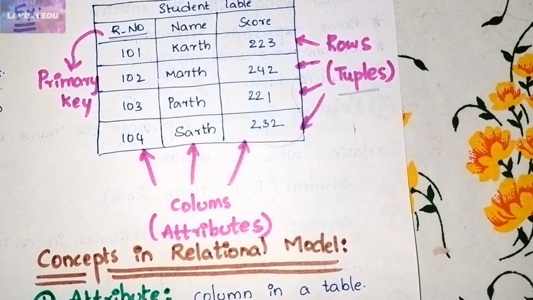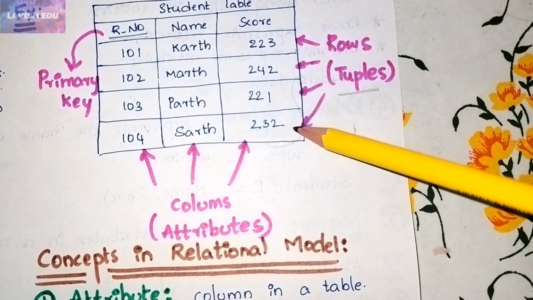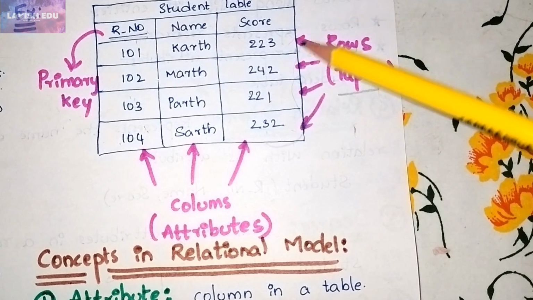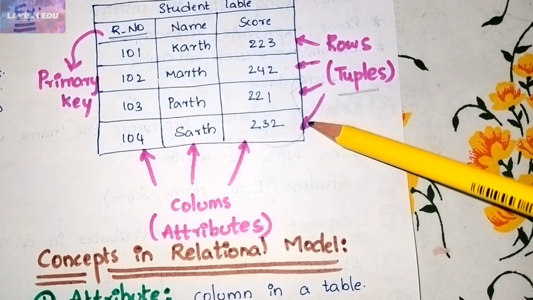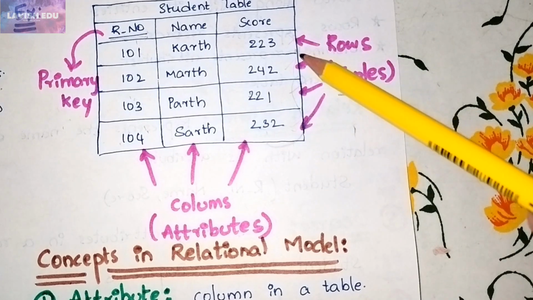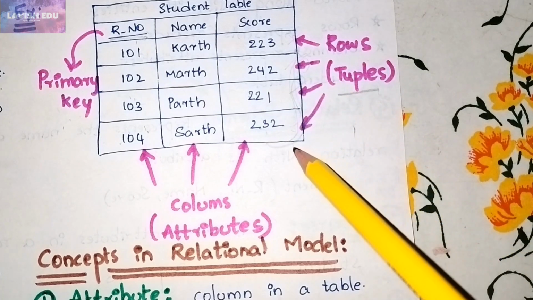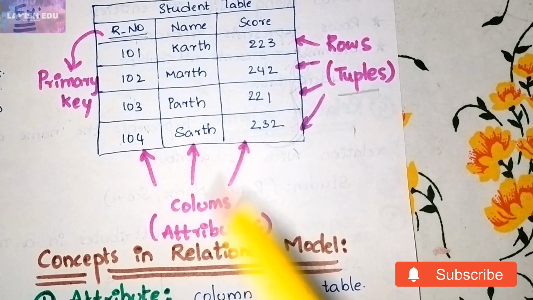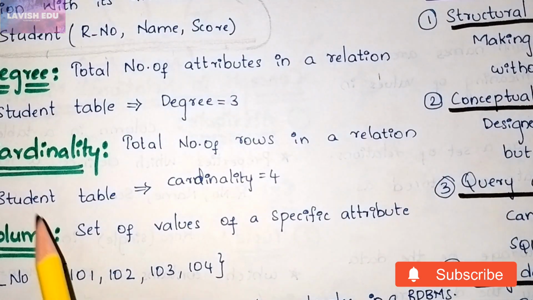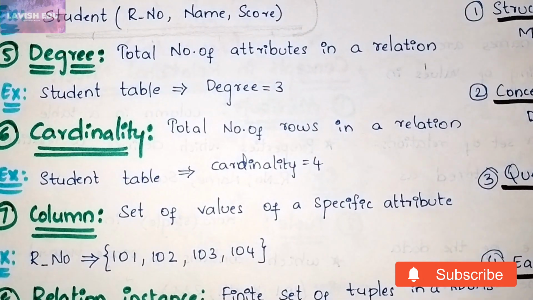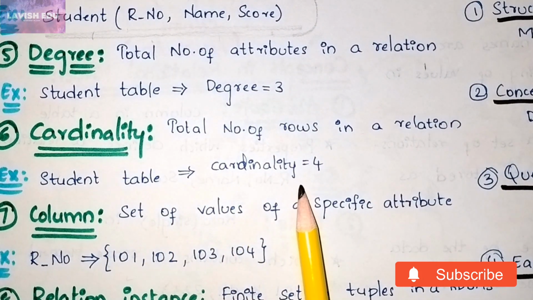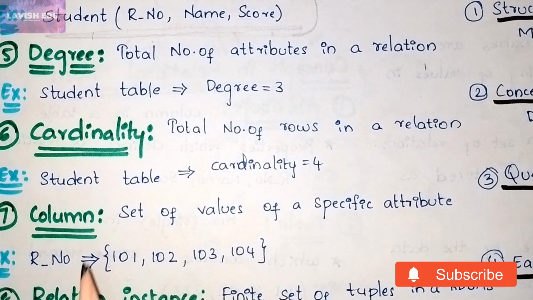The cardinality represents the number of rows in a relation. Here we can see 1, 2, 3, 4, that is 4 tuples. This number of rows present in the relation is considered to be the cardinality. For the student table, the cardinality is 4, as we have seen before.